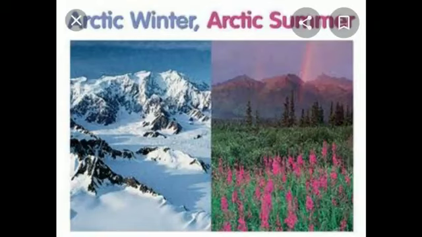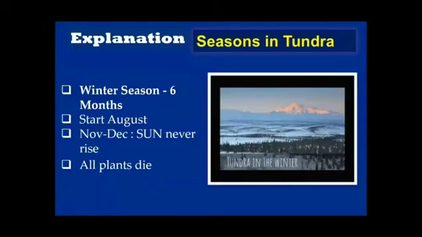Seasons in tundra. We have 4 seasons: summer, winter, autumn and spring. But the tundra region has only 2 seasons: winter and summer. Winter. It is almost dark throughout November, December and January. In this winter the sun does not rise at all and it is bitterly cold during these months.